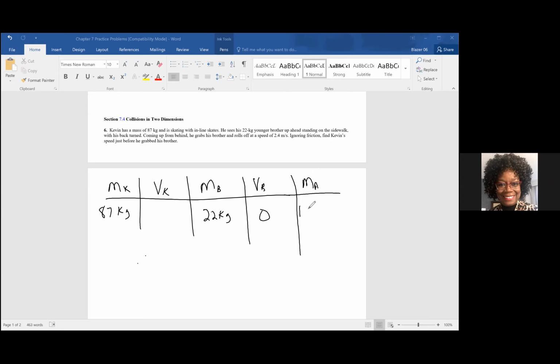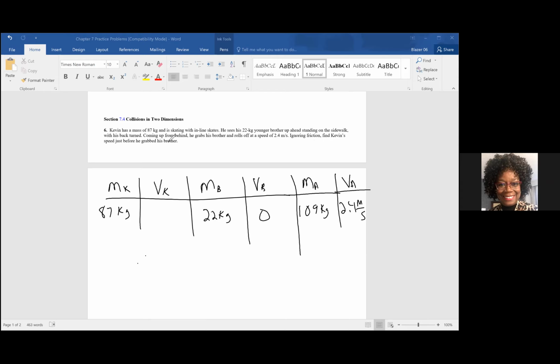So 109 kilograms. That's the mass after the collision. And then they go off with a speed of 2.4 meters per second. Ignoring friction, find Kevin's speed just before he grabbed his brother.